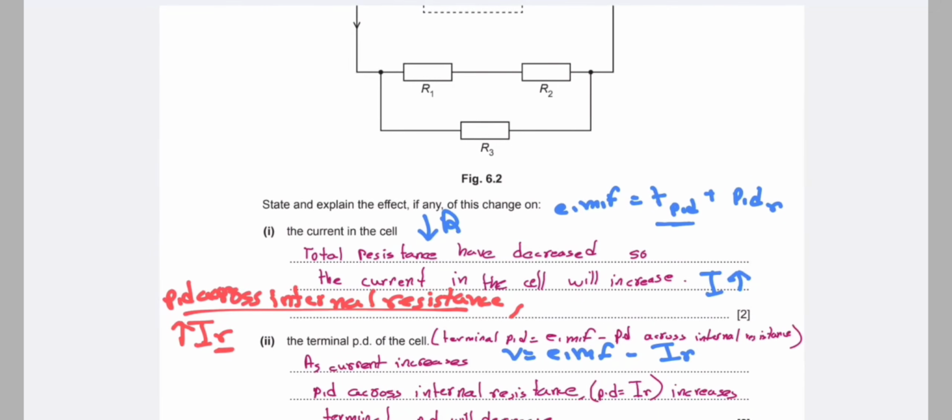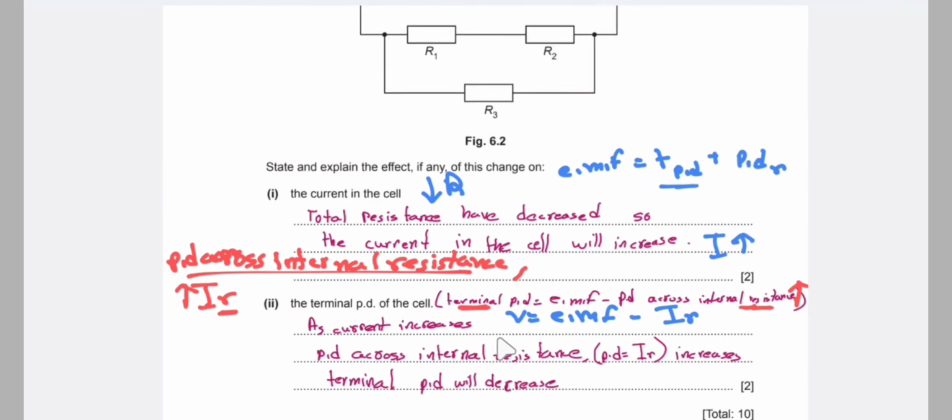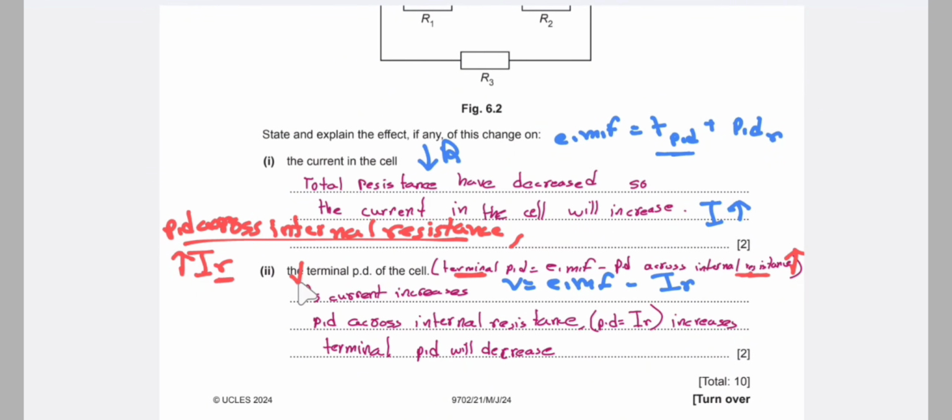The EMF is the same, so EMF minus a larger potential difference gives a lower value. Therefore, the terminal potential difference must decrease.